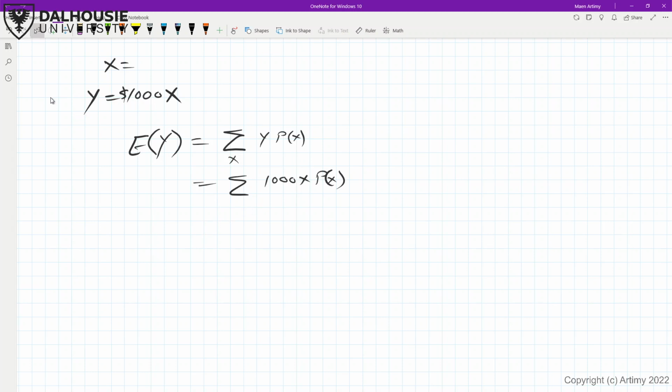And this is the same as saying that I am getting the expectation of a function of x, right? Y is a function of x. So I am practically doing this.